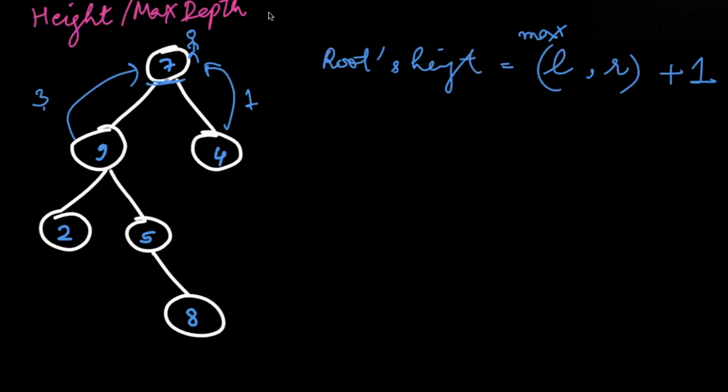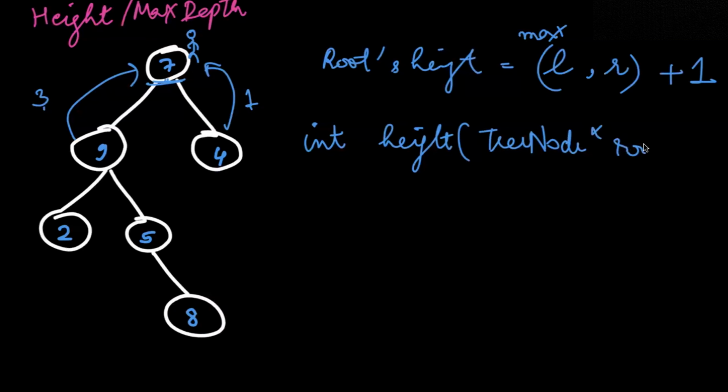So how do we write the pseudocode? Very simple. In any recursive call, we will imagine what is the nearest thing that we can get. So let's say we want to get the height of the tree given a tree node star root. How do we find it? Very simple.